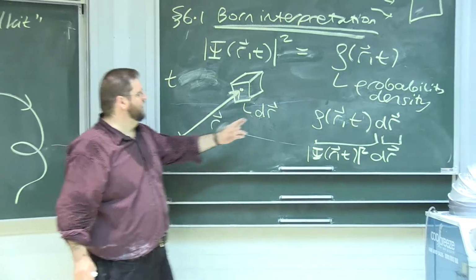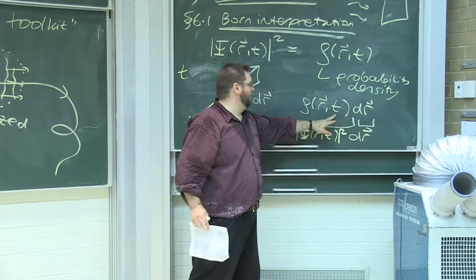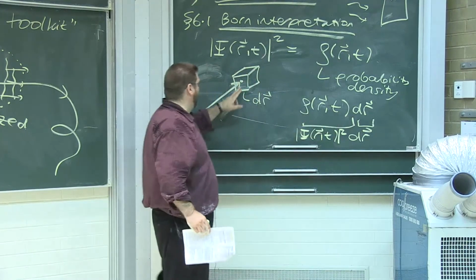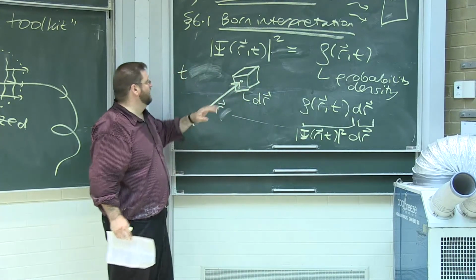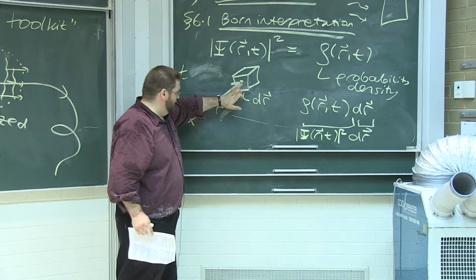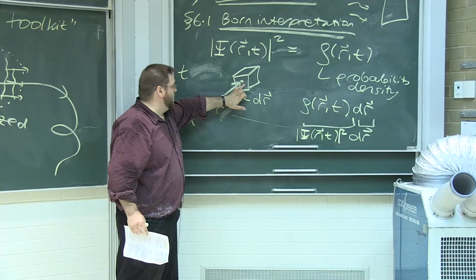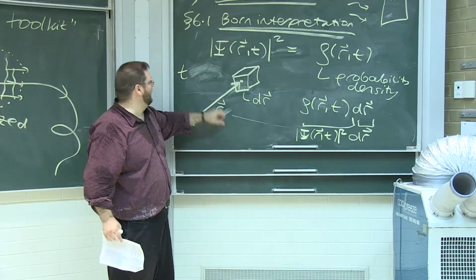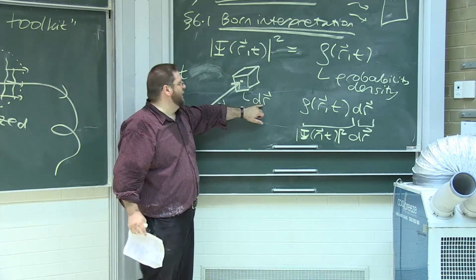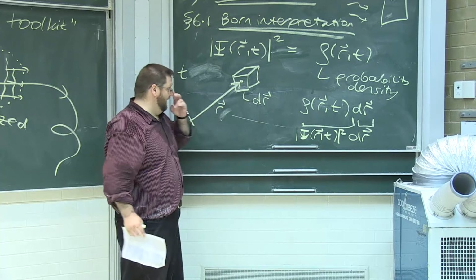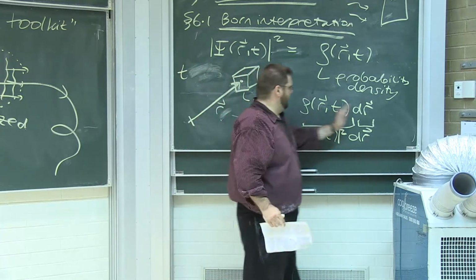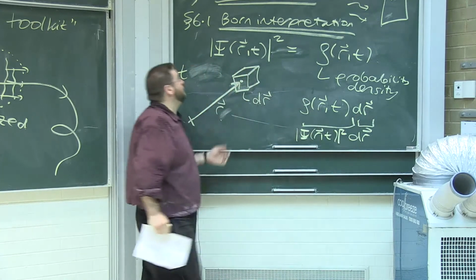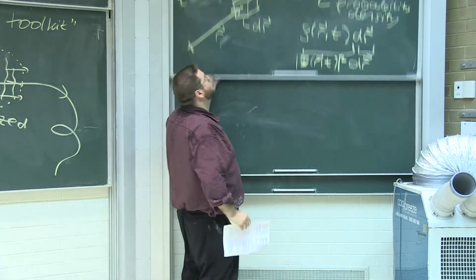So just to repeat, this is the probability that at time t you find the electron to be within this box. If you choose to measure that, that'll be the probability of finding the electron in that box centred at position vector r at time t, and the box has an infinitesimal volume dr. This object here will be infinitesimal because the box is infinitesimally small.